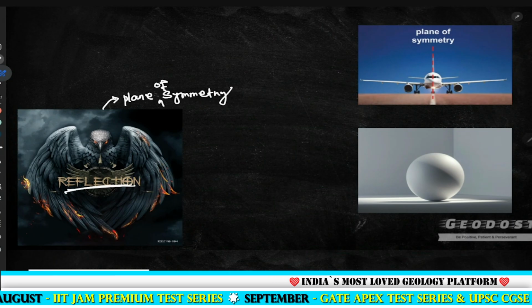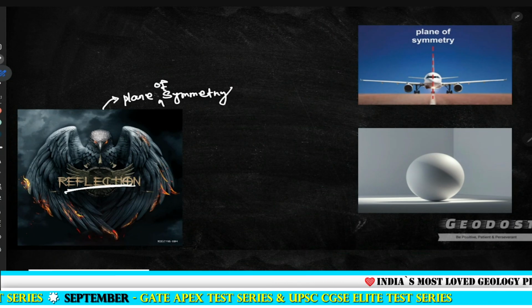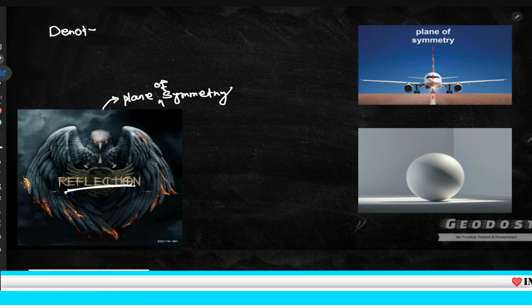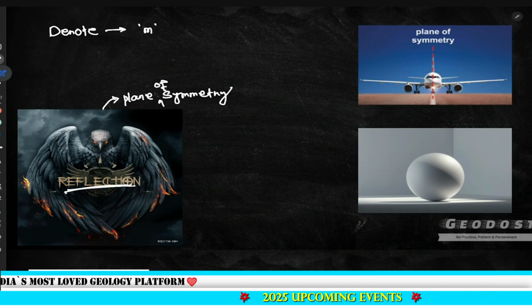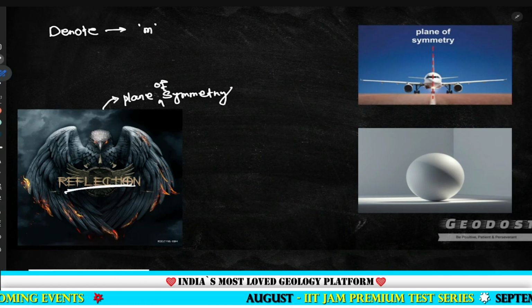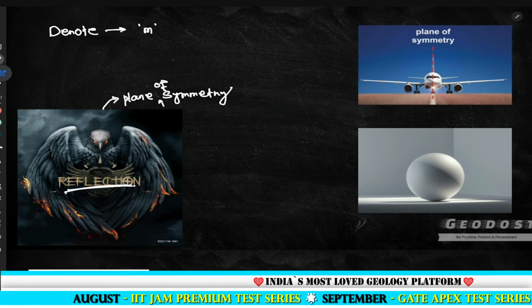So it is also called a plane of symmetry, and the operator, as I have already told you, is the mirror plane, and we basically denote the mirror plane with a small m. If there is any mirror plane in this symmetry, it will be represented as small m. We're going to see a simple thing, then some examples. Then we're going to leave it, as it is a numerical class, so we're not going into too much detail.